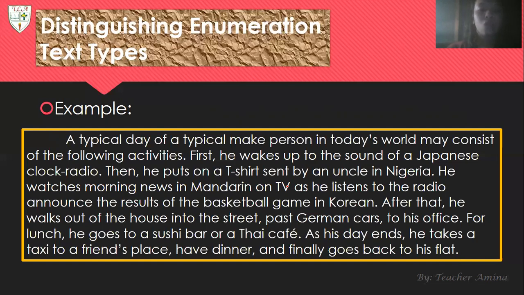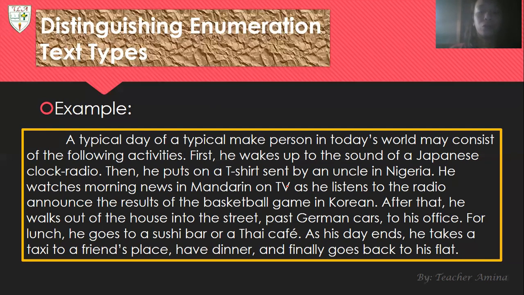After that, he walks out of the house into the street past German cars to his office. For lunch, he goes to a sushi bar or a Thai cafe. As his day ends, he takes a taxi to a friend's place, has dinner, and finally goes back to his flat.